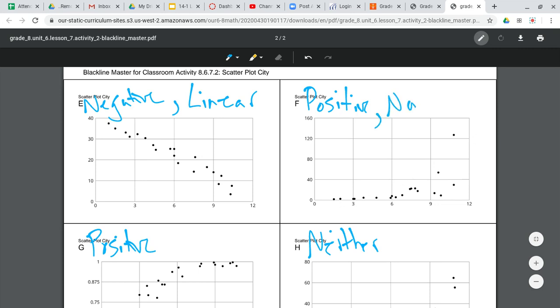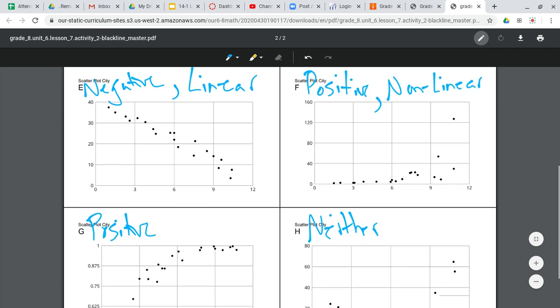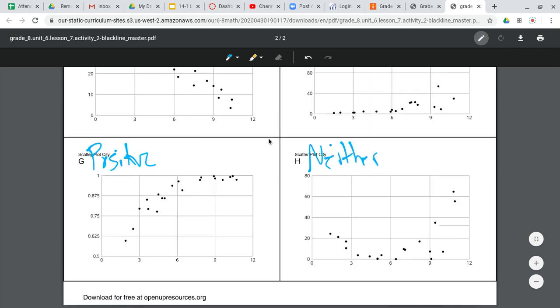So this is another non-linear association. All right, and our last two, G and H. Is G a nice linear association? Nope, it's another non-linear. And what about H? Is it linear? Nope, it is a definite curve. So non-linear association.